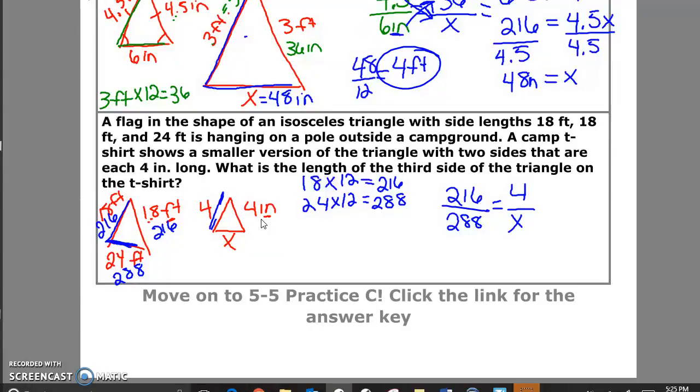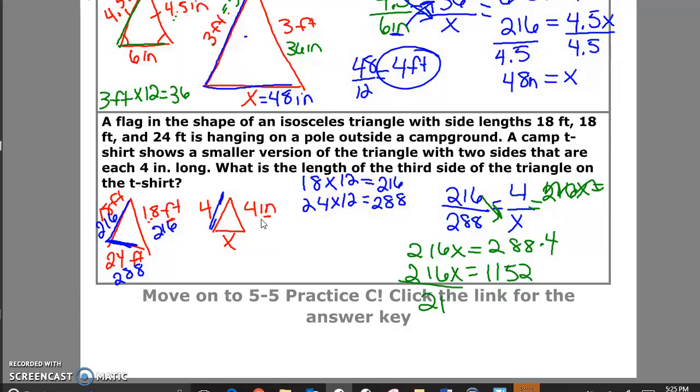So again, using that cross multiplication, we've got 216 times x, and then 288 times 4. So that leaves us with 216x equaling 1,152. And then we need to solve for x. Again, you've been doing this since the beginning of the year.